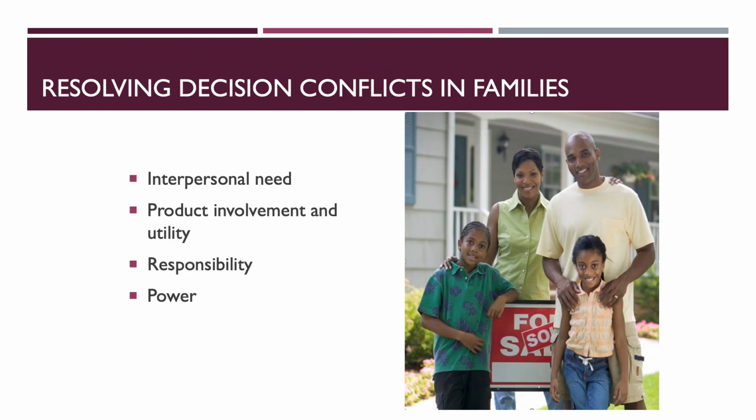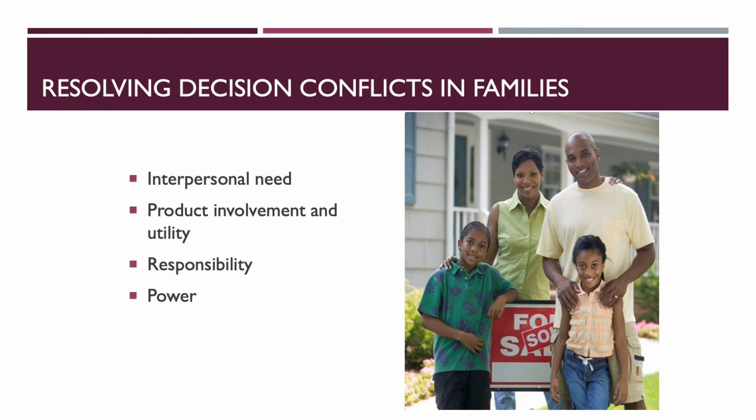Decisions involve conflict among family members to the extent that the issue is important or unusual, or if individuals have strong opinions about alternatives. The degree to which these factors generate conflict determines the type of decision the family will make, whether that be a consensual agreement or an accommodative agreement.